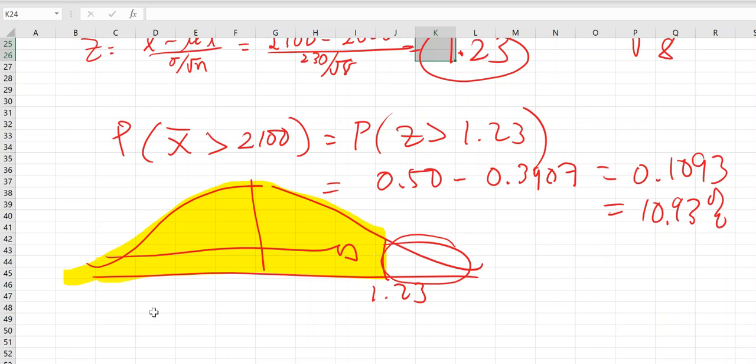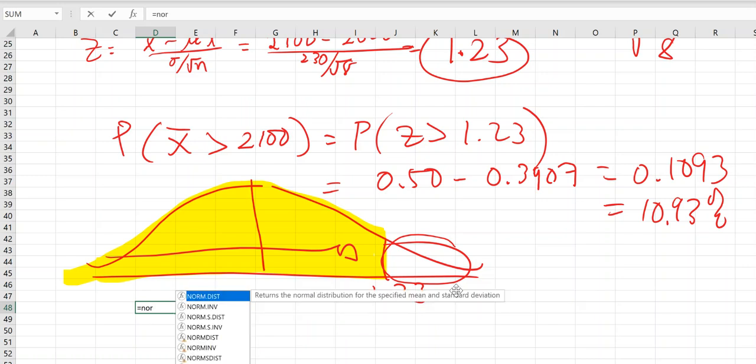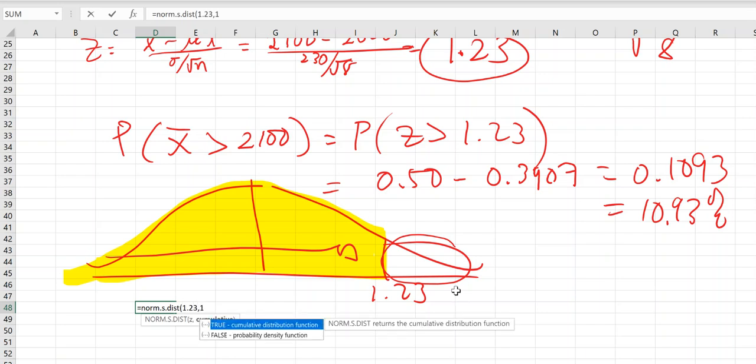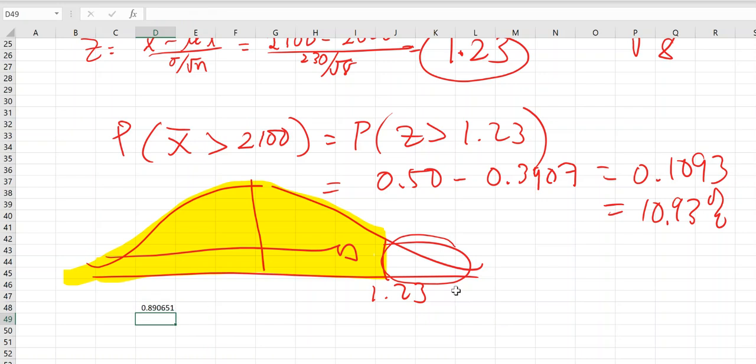So we type equals norm.s.dist, z is 1.23, comma 1 for cumulative, and I see it's 89.8906.